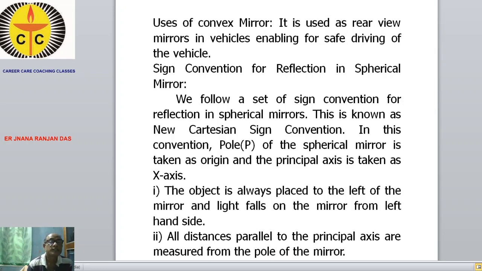Object distance is the distance between the pole and the position of the object. Image distance is the distance between the pole and the position of the image. The size of the image is the height of the image.